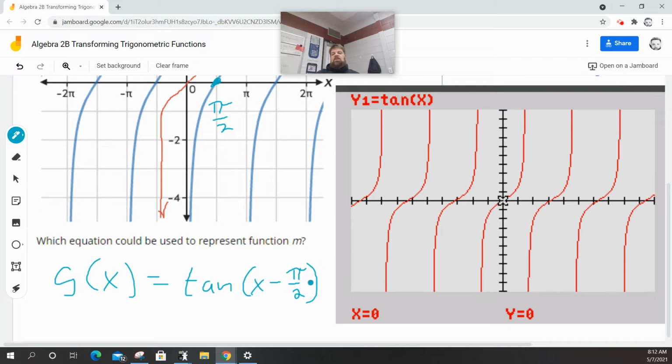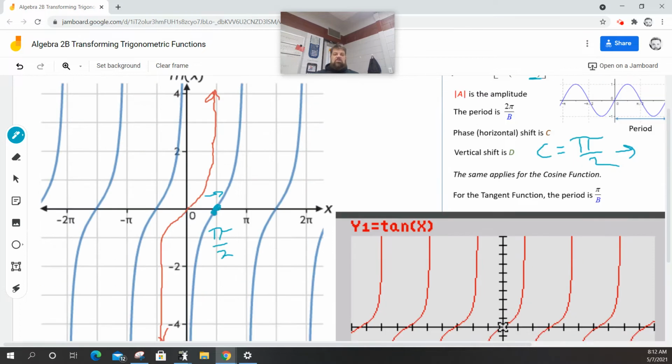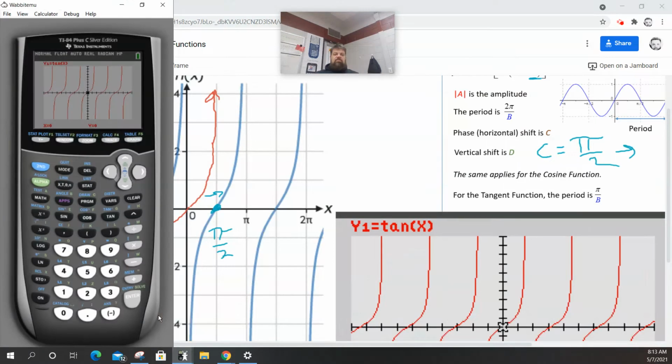I could graph it on the graphing calculator, but I don't have any room left on the slide to put that graphing calculator. And it would just be this right here. Okay, I mean, I guess I could graph it just so you could see it.